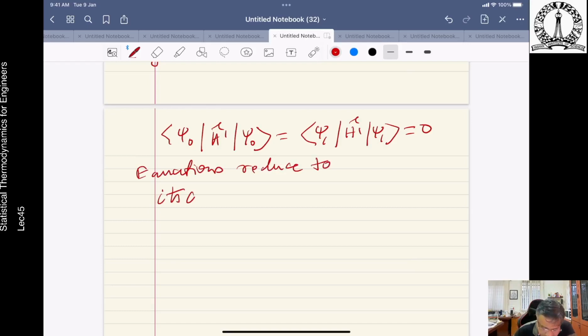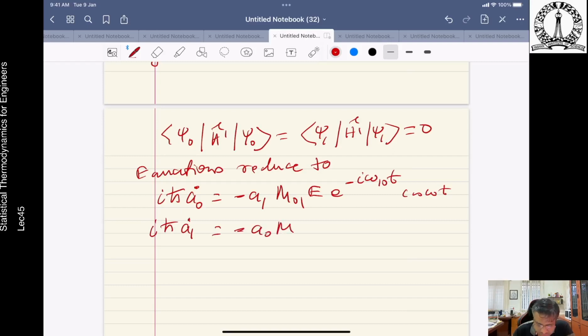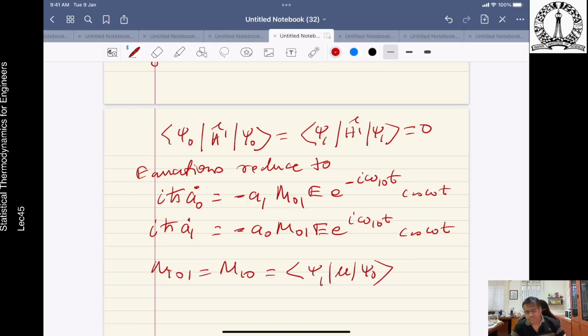i h bar a naught dot equals minus a1 m01 e to the i omega 10 t cos omega t, and then of course i h bar a1 dot is equal to minus a naught m01 e to the minus i omega 10 t cos omega t, where the integral m01, as we know already, is the transition dipole moment.